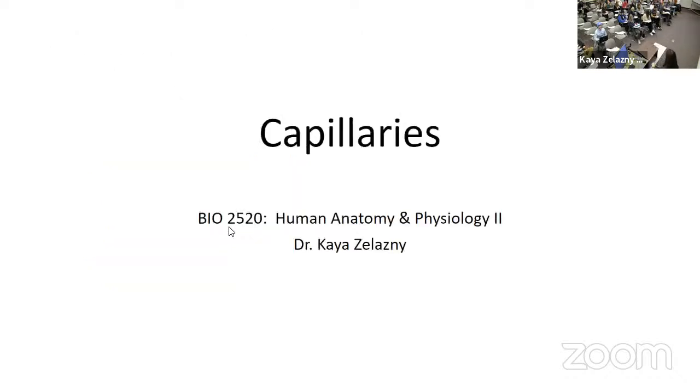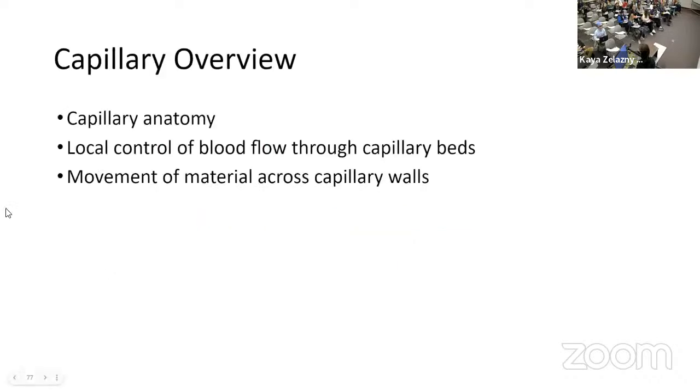So we're going to move over and briefly talk about our capillaries. Our goal for the capillaries is to understand what they are, what they look like, their anatomy, where we'd find them.